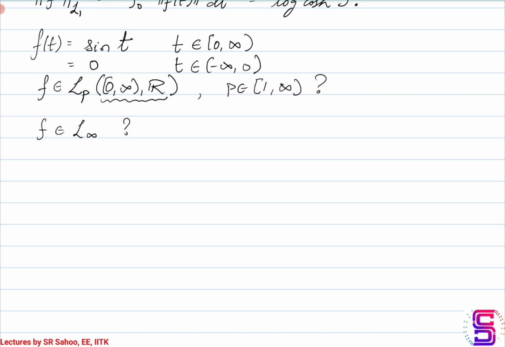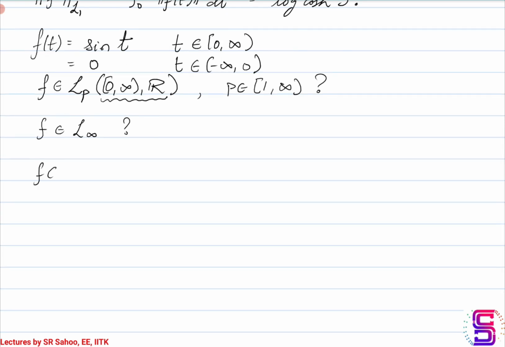Now to check the first part, whether this is true or not for p in the range 1 to infinity, we need to check whether the integral of the norm of the instantaneous value of f raised to the power p holds or not.